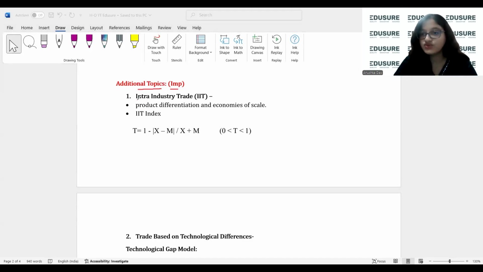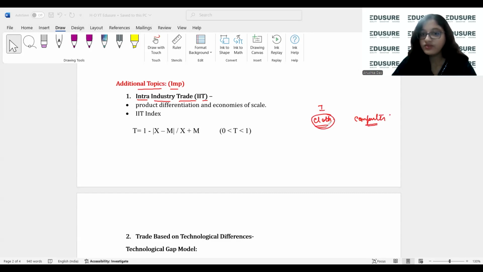The first topic that you need to know very well is intra-industry trade, versus inter-industry trade. Inter-industry means you are trading two absolutely different commodities from two different industries. For example, suppose India produces cloth, the textile industry, and the US produces computers.